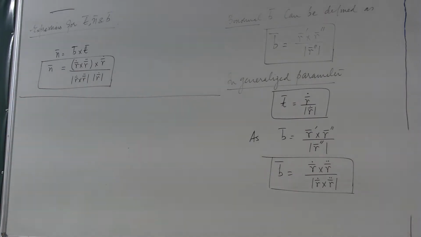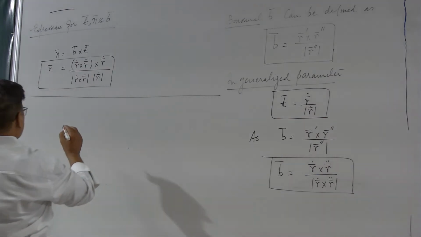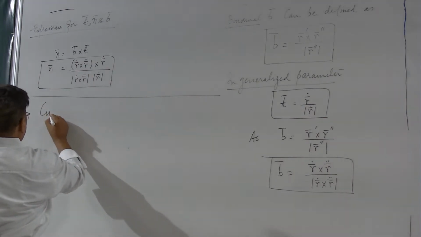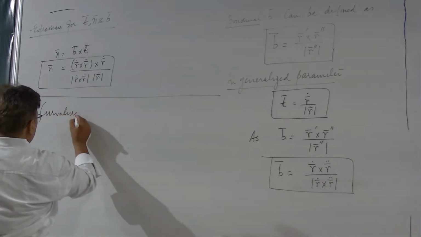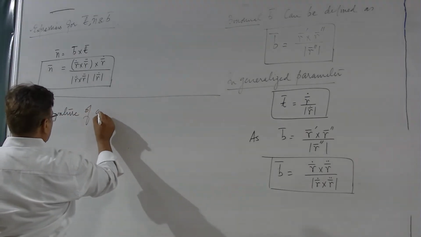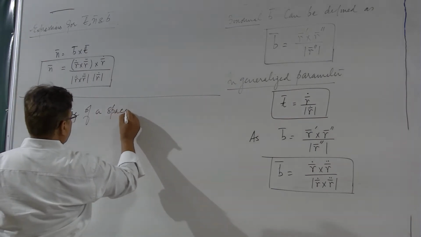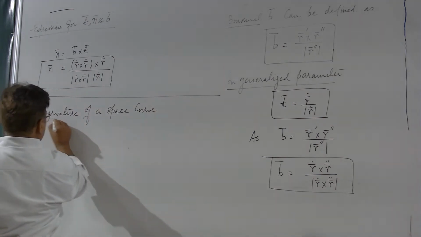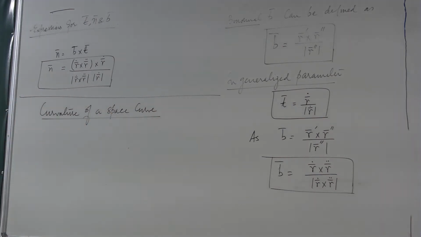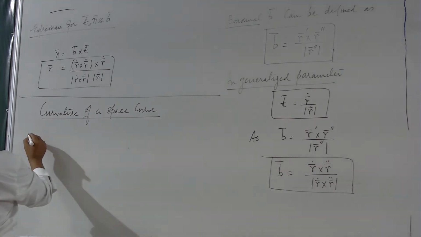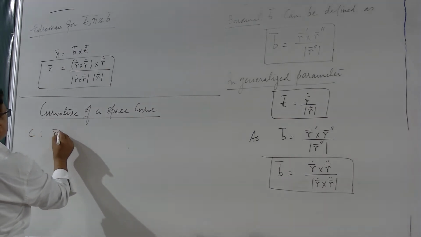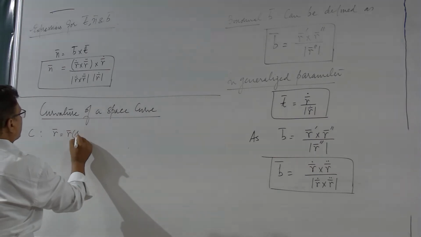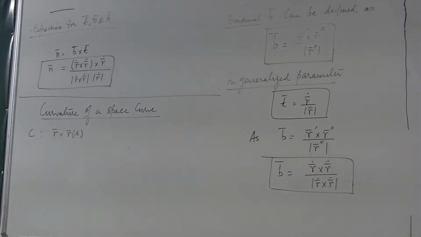The next topic that I am going to take up is the curvature of a space curve. Whether it is a space curve or a plane curve does not matter. Throughout we will assume that C is a regular space curve with natural parameter S. The notion of curvature is known to all of us.